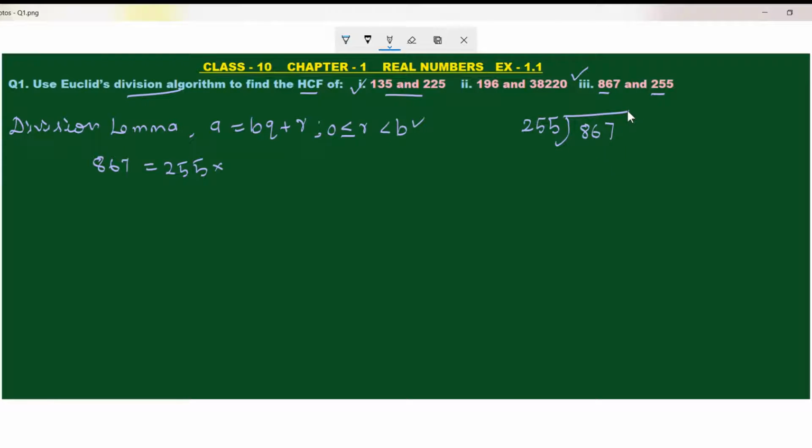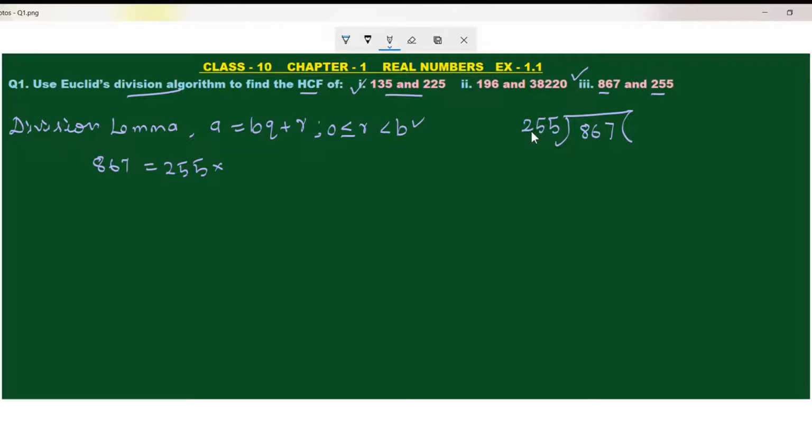Now we need to find out the quotient and the remainder. So now we can check, we need to find the multiples of 255 which should be lesser than or equal to 867.